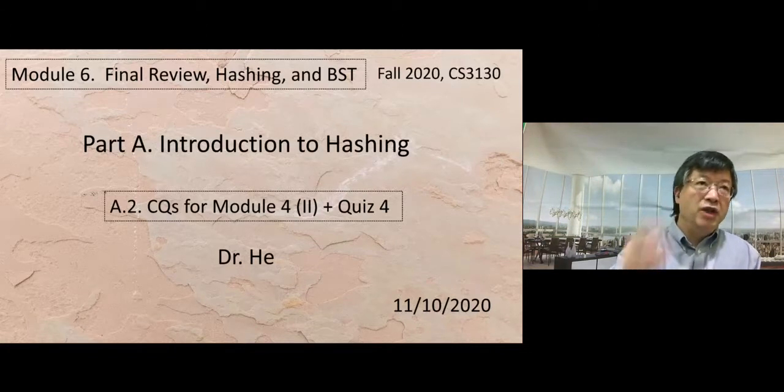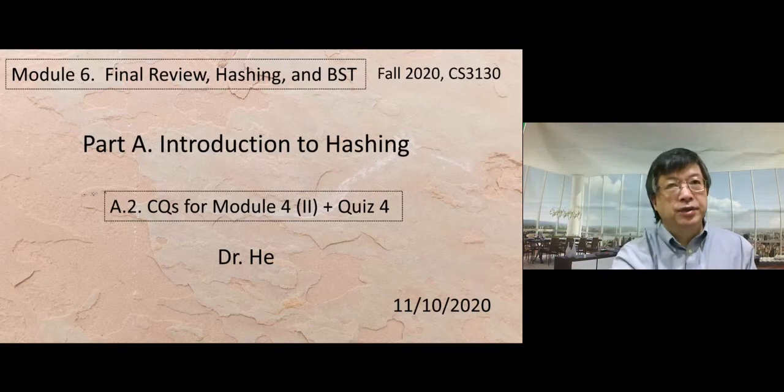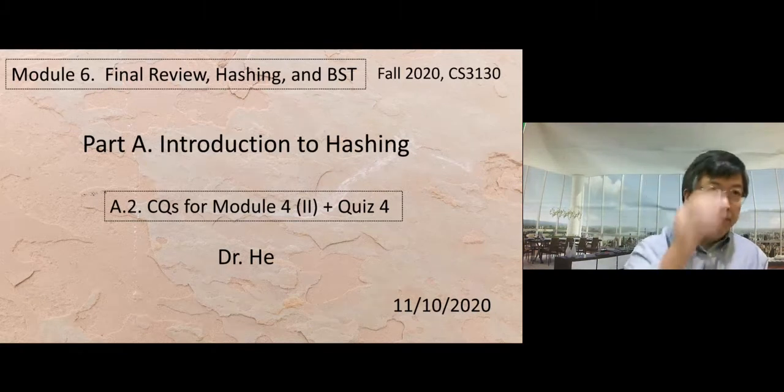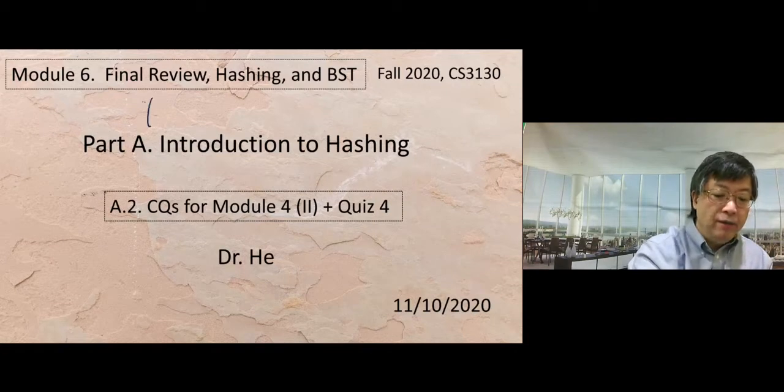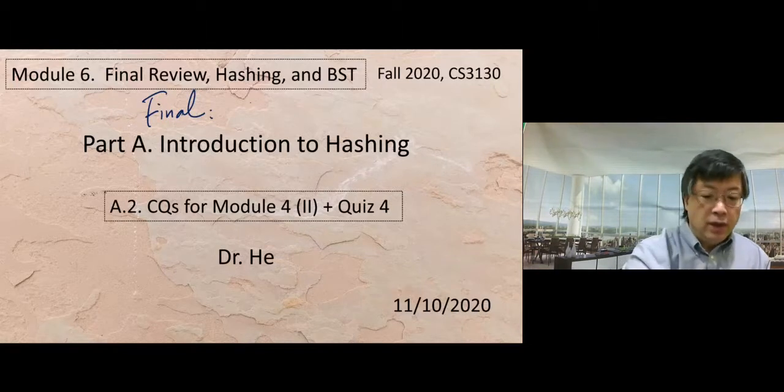Then for quiz 4, I select 3 questions. Here you can see I skip a lot of things from module 4. Here I can let you know now that in the final I want to skip 2 topics in module 4.